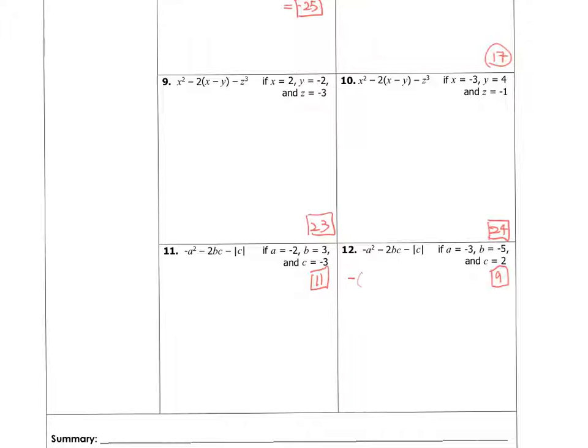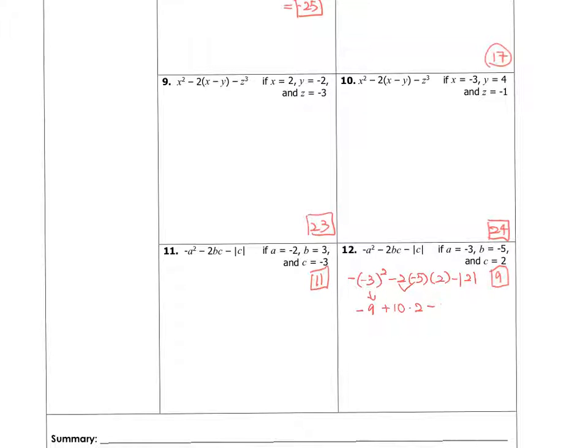So again, negative sign out, a squared. A is negative 3. Minus 2, b times c. b is negative 5, c is 2. Minus absolute value of c, which is 2. So this becomes 9, but the negative sign has to come down. This gives me positive 10 times 2.